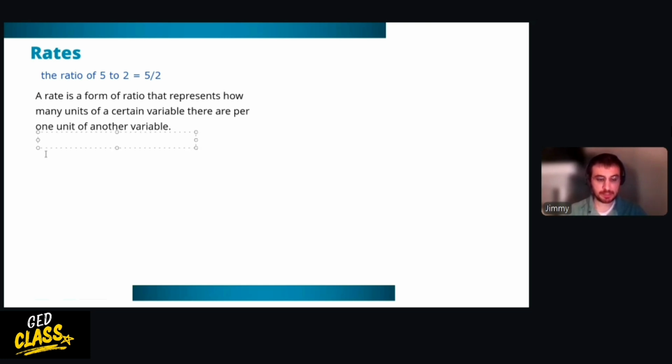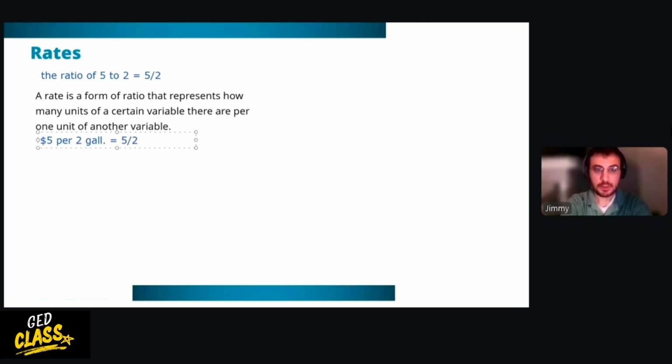I could say something like $5 per 2 gallons of gasoline. We could write this as a ratio of 5 per 2, that would be 5 over 2, 5 divided by 2.